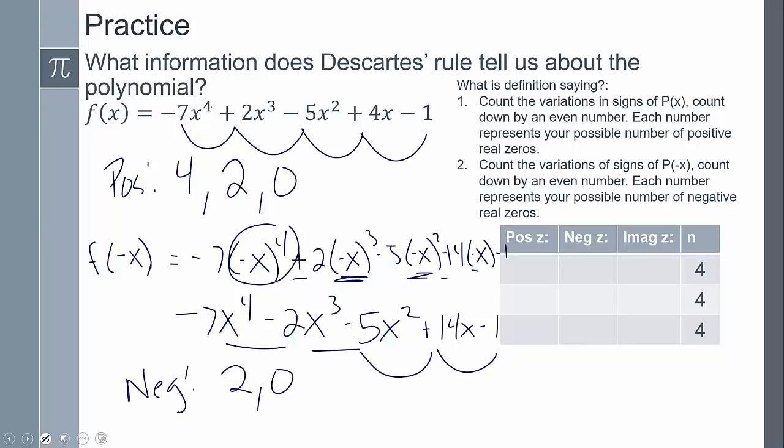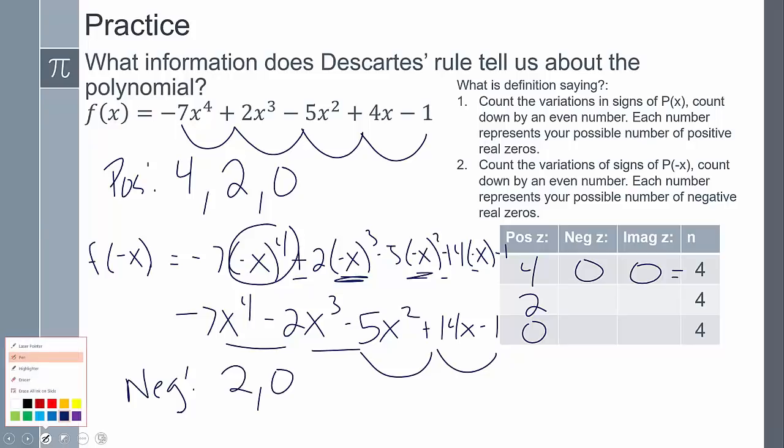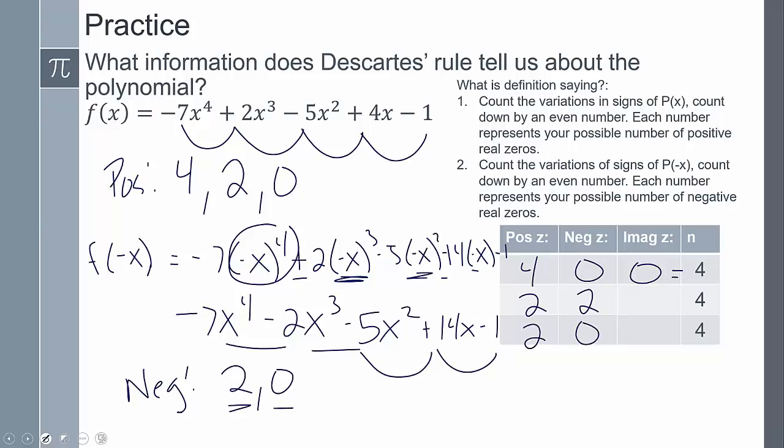All right, so let's fill this out. I have 4, 2, and 0 for my positives. Now, for this one, my negative zeros would automatically have to be 0. And for this one, my imaginary zeros would also be 0 because it has to equal 4. Now for 2, I'm going to erase this 0 real quick because for my 2 positives, that can map to 2 negative zeros, right? There's 2 possibilities. And 2 positive zeros could also be mapped to 0, which means 0 imaginary and 2 imaginary.